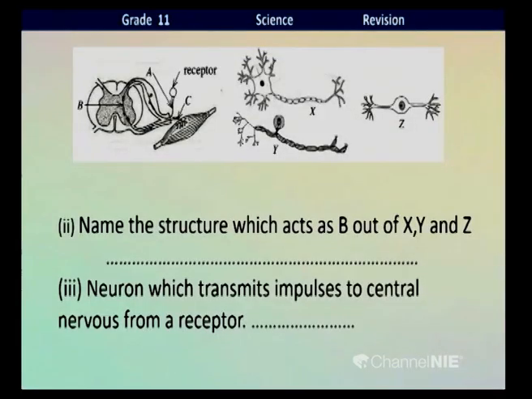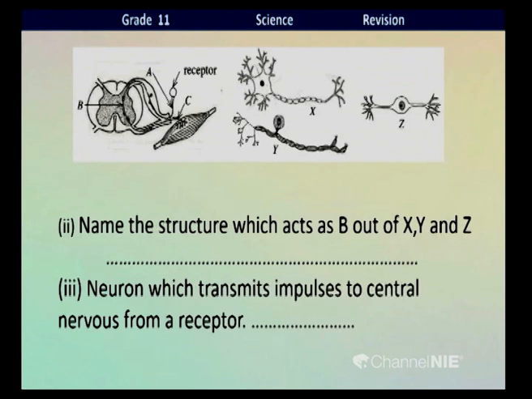A here must be the sensory neuron. And the C neuron is connected with the muscle or the effector. Therefore, C must be the motor neuron. Then B, whose cell body lies in the spinal cord or the central nervous system, must be the interneuron.